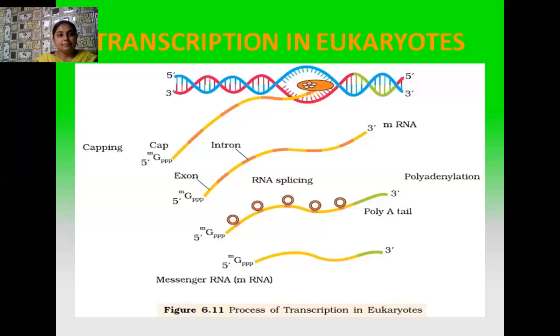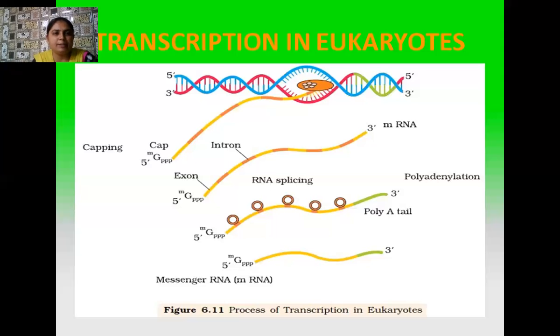So here the processing of this messenger RNA takes place, and this process is known as splicing. What is splicing? It is the removal of the non-coding sequences and joining of the coding sequences. The coding sequences are exons and the non-coding sequences are introns. So introns are removed and exons are joined. This process is called splicing of the messenger RNA.